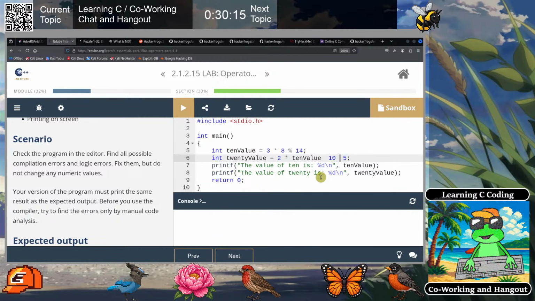So 10 times 10, maybe 10 divided by 10? No. 10 divided by 10 is 1. 1 times 5. 1 times 5 divided by 1 times 5 times 2.